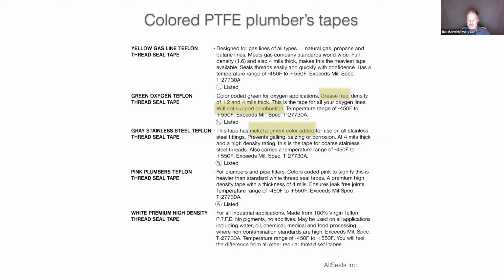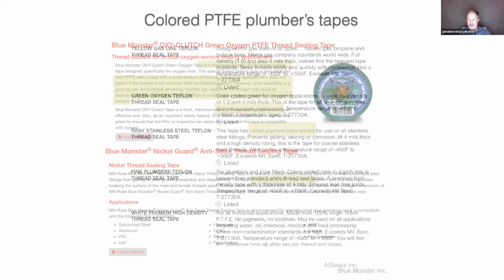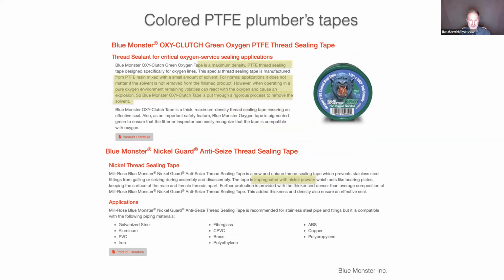The reason is that they don't want any risk of combustion or a chemical reaction when it's used on these oxygen pipes. Gray plumber's tape has a pigment added to it, which is nickel, to make it gray. So if your favorite plumber's tape is gray and you're using it on your patient that has a nickel allergy, that may be a problem.